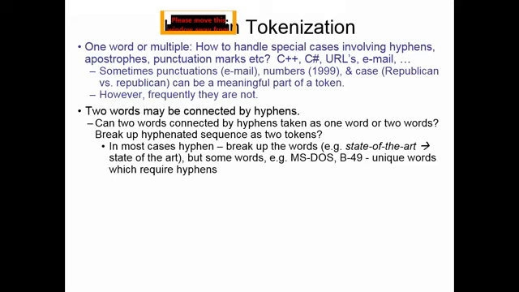Frequently we are using hyphen within a word. Frequently we are using dots within a word, like USA, U.S.A. But in fact, sometimes we are using without the dot, or sometimes with a space. So how can we resolve such problems?